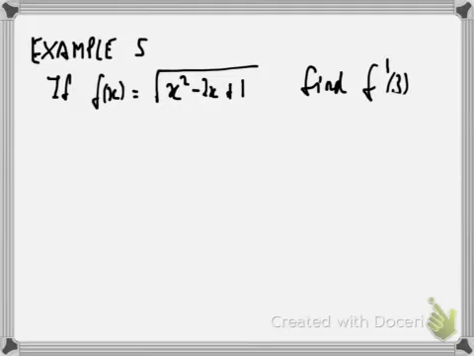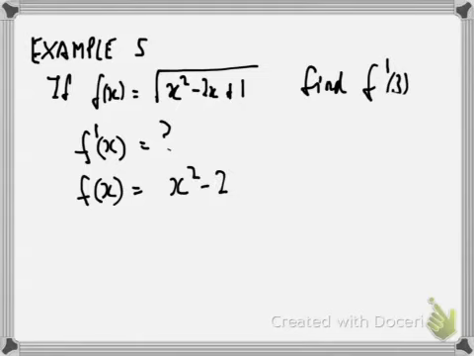Last example for this video, example 5. If f(x) equals the square root of (x² − 2x + 1), find f'(3). So another extra step here. But before we find f'(3), we have to find f'(x). Before we do that even, we're going to change this into index form, as we must before we can go any further.